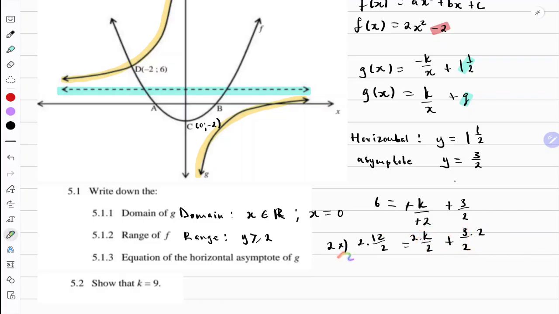So if you're going to multiply by 2, you need to multiply both terms. So 2 and 2 cancel out, 2 and 2 cancel out here. So it means we're left with 12 is equal to k plus 3. Therefore, k is equal to 9, which is what we have here. So that is fine.